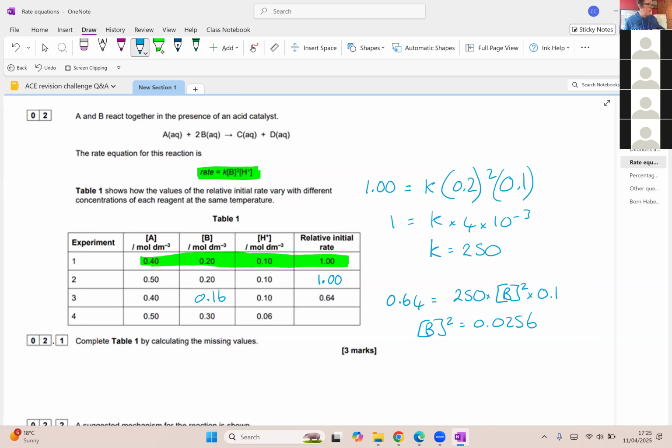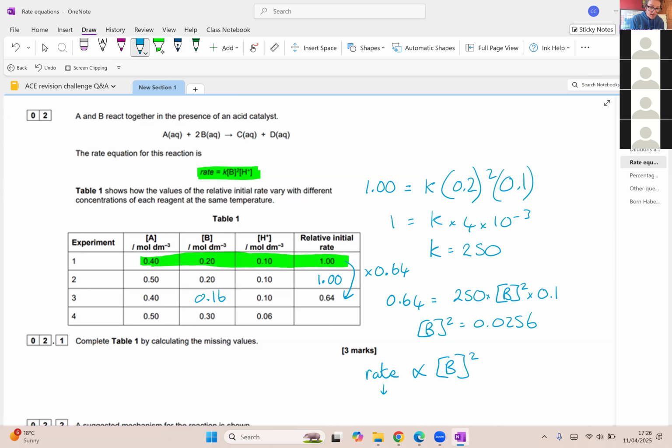The other way that we showed how to do it, the quicker way, is just to ask, what happened to the rate from the first one to that one? It got multiplied by 0.64. The rate got 0.64 times bigger. I know it's not bigger, but that's what we times it by. The rate is proportional to B squared.